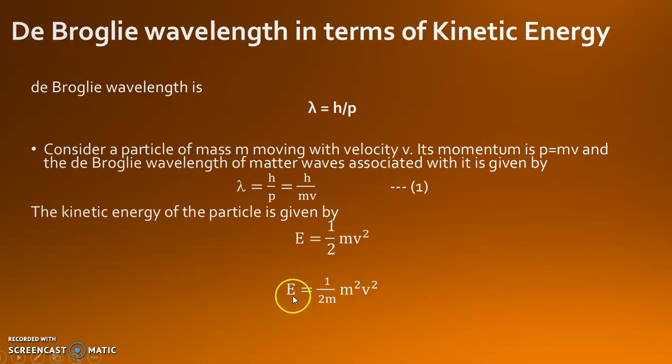So the equation is E is equal to 1 upon 2m into m square v square. Now instead of m square v square we can substitute p square. So the equation becomes E is equal to p square upon 2m.